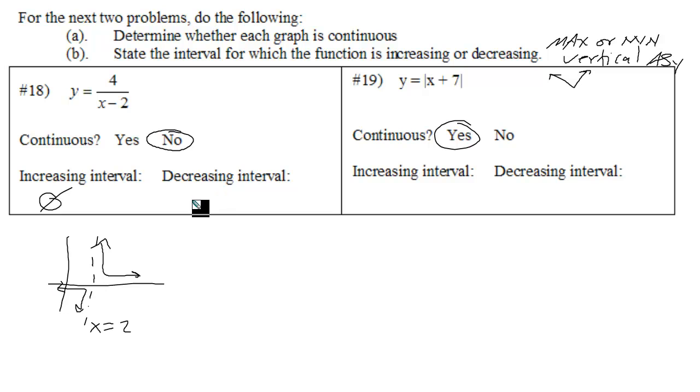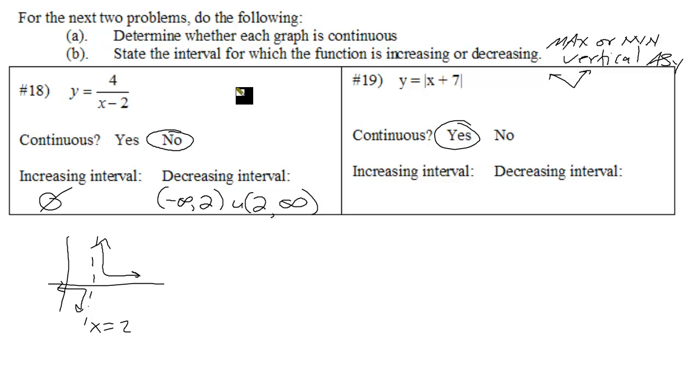It's decreasing. When you write the interval, you start from the left and you go to the right. From the left is negative infinity, and it continues to decrease till it gets to 2. Does not include 2. It starts decreasing again right after 2, and it goes forever to the right, infinity.